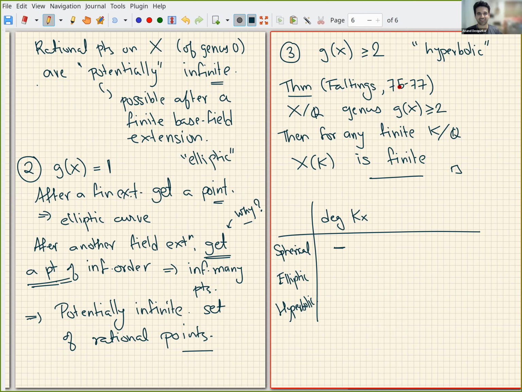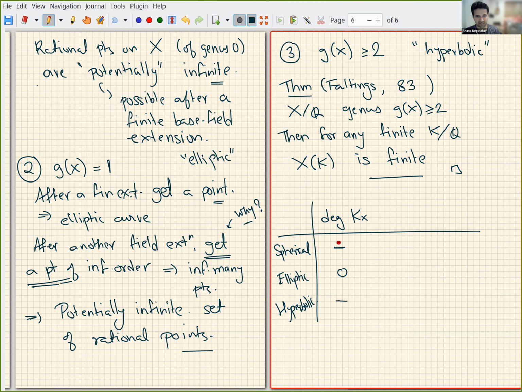Maybe it was on the archive in 75 and published later. The degree of the canonical bundle for a genus 0 curve is -2, which is negative. For the elliptic curve it is 0. And for a hyperbolic curve, it's positive.